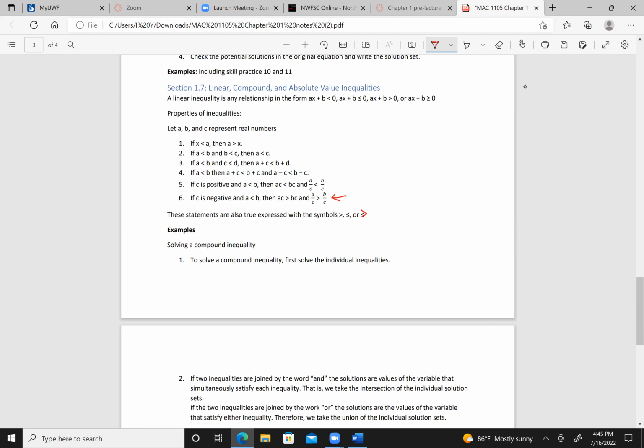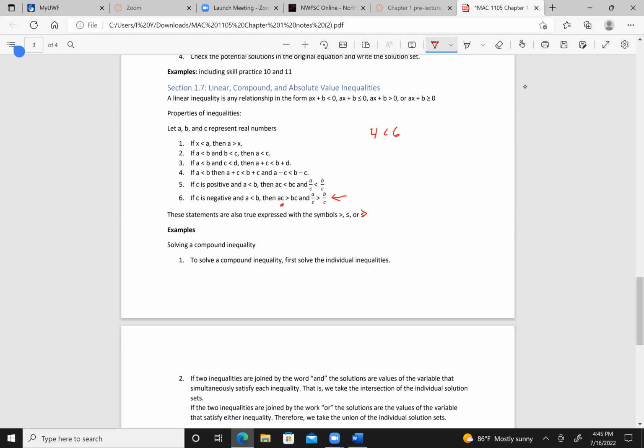Okay, so I want to look at number 6 here real quick, because it seems kind of counterintuitive. And then we'll do some examples and go from there. I'm going to say 4 is less than 6, right? I think we all agree with that. So what we're saying is multiply by some number c.